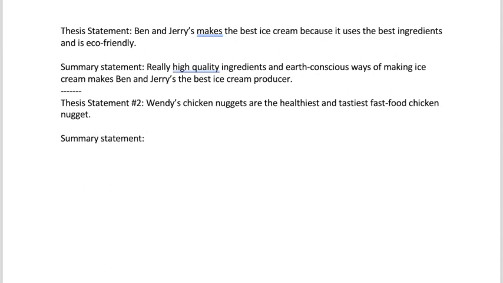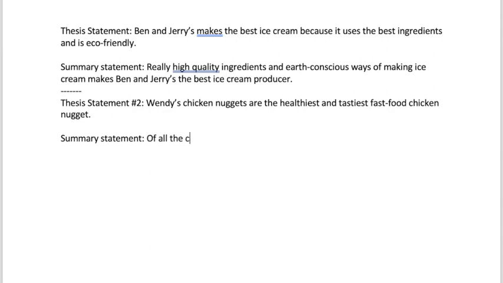My summary statement for this paper, or the first line of my concluding paragraph, would have to put forth the same ideas. The healthiest and tastiest chicken nuggets are Wendy's. But I can't use the same words. So let's think of a different way to come up with this summary statement.